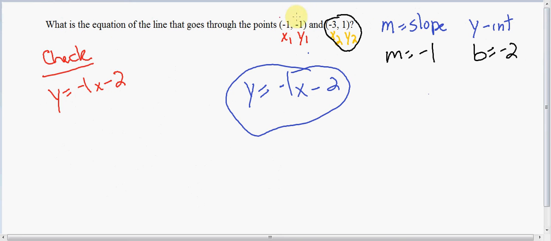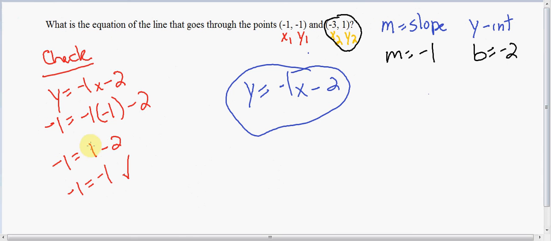I'm going to take a look at this first ordered pair and plug it in, see if it works. So we have negative 1 equals negative 1 times negative 1 minus 2. I just substituted in the x and the y from that first point. And that gives me negative 1 is equal to 1 minus 2. And that is a true statement that negative 1 equals negative 1. So we are good to go with that first point.